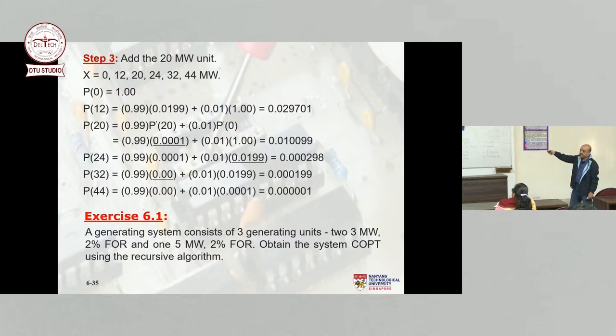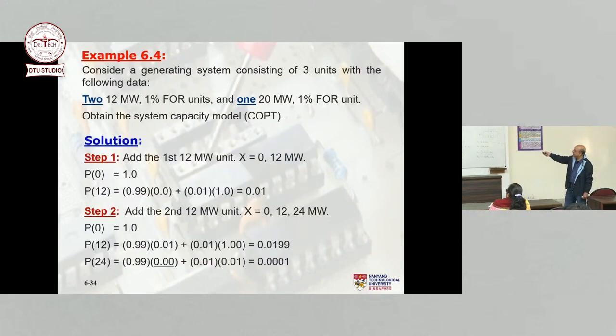Then go to 20, next one. Availability times P prime of 20. Now, I don't have a P prime of 20 in the previous step. Does it mean that I can put it as 0 or 1? The answer is no. So this is where we say that P prime of 20 is the same as P prime of 24, the next higher value than 20.